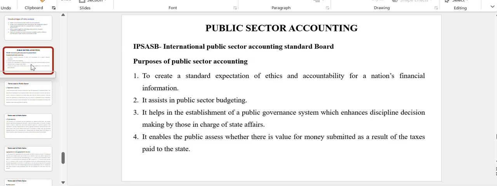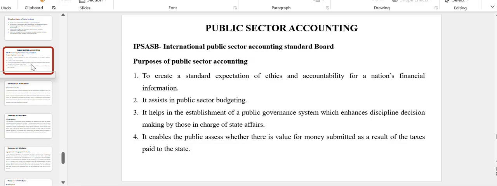And these entities that benefit from the public fund are required to utilize resources given to them efficiently. They are required by the provision of the public finance to utilize public resources efficiently or in a prudent manner.